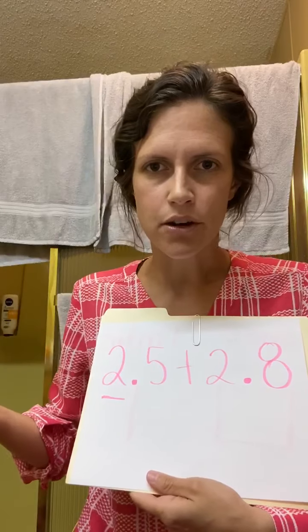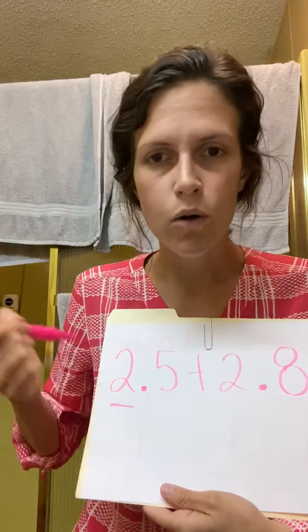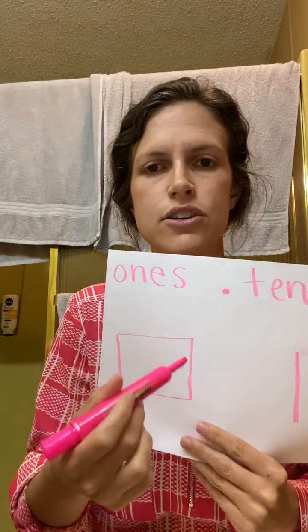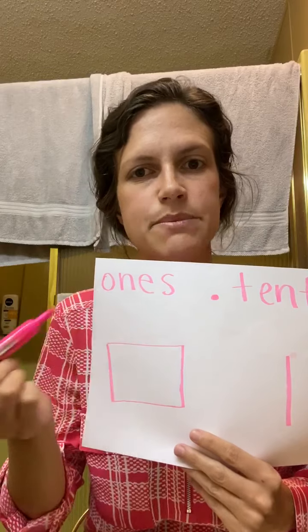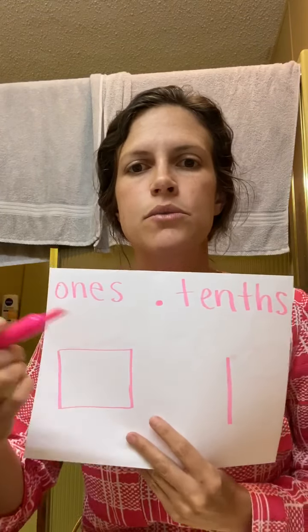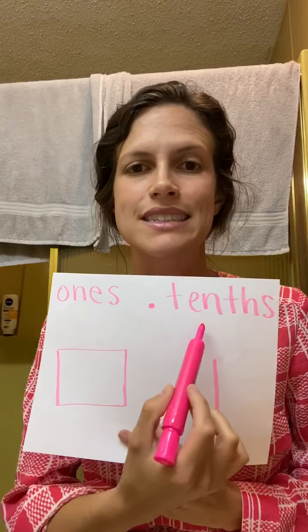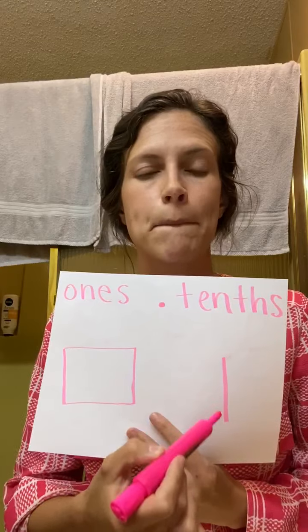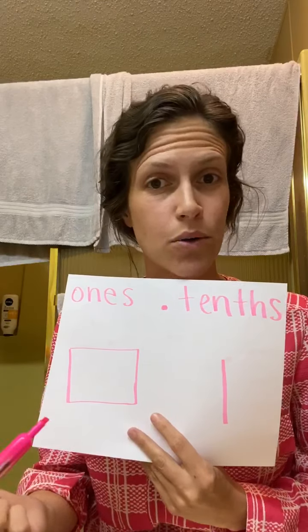So remember earlier what we said is that our whole numbers are gonna be represented by a square. We're gonna use this for the ones place, a square, because it's a whole number, okay? And then we'll have our decimal point and our tenths place, but we're gonna represent our tenths by a stick. It's not quite a whole number.